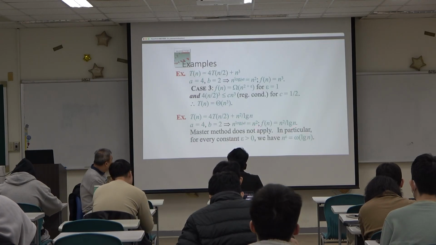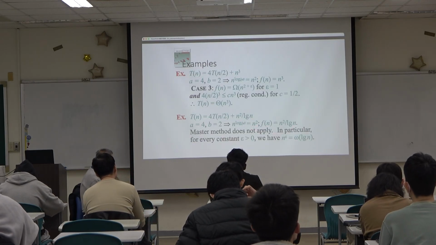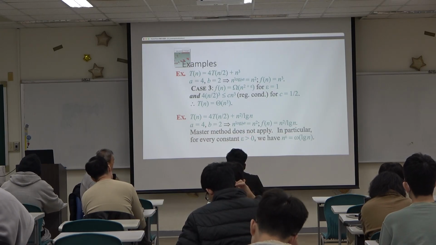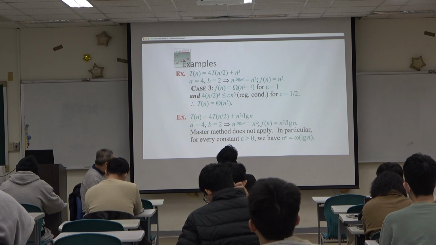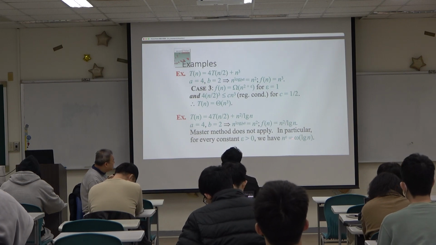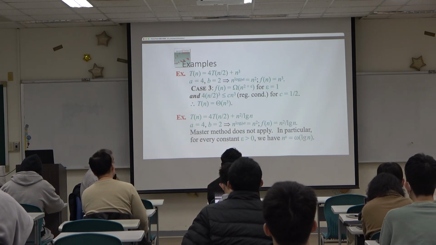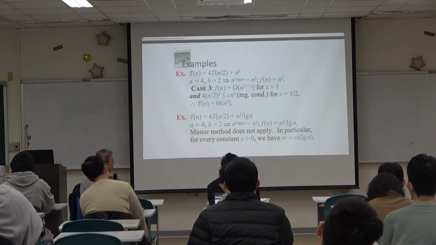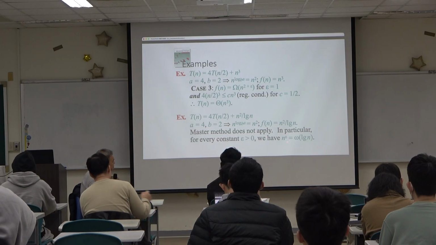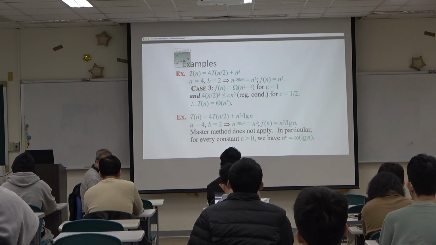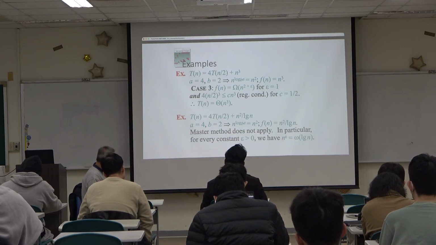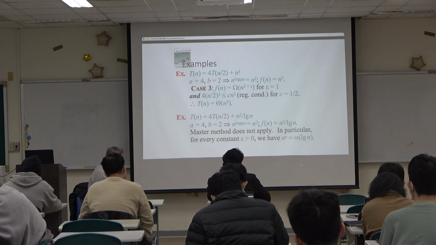So here the master theorem does not apply. In particular, for every constant epsilon greater than 0, we have n to the power of epsilon is omega of log n, meaning log n is a lower bound of n to the power of epsilon. Even when this epsilon is very, very small, the log n still grows slower.